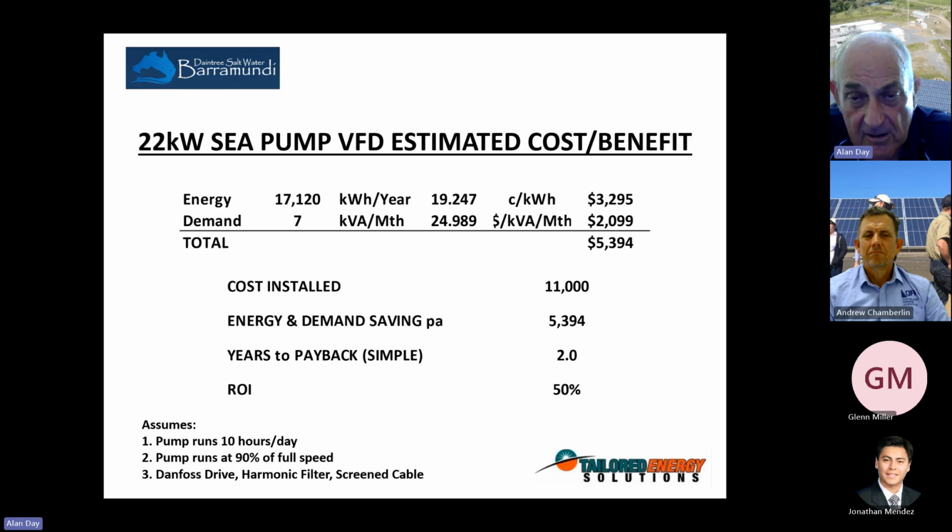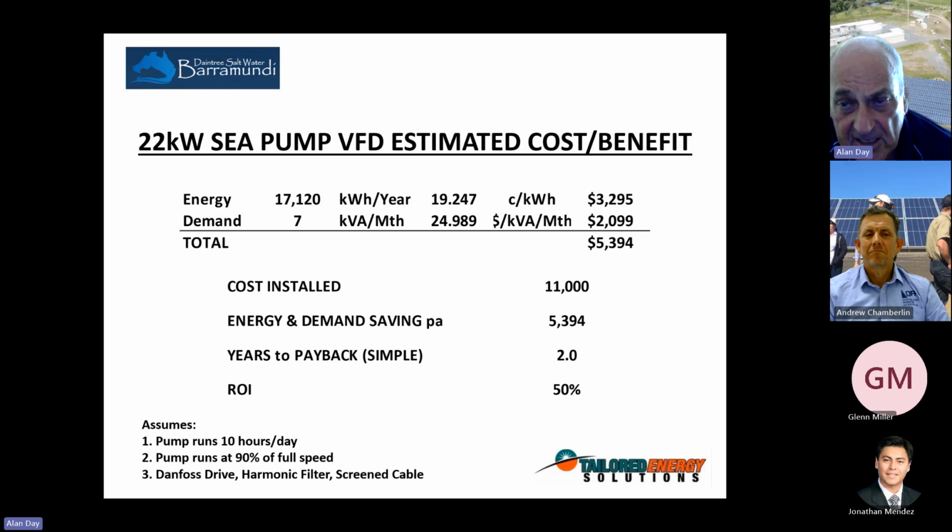At the 19-cent price that's $3,000 odd, and a whole 7 kVA per month of excess demand is another $2,000. So again, $11,000 install cost with a 2-year payback. It's a pretty good kind of proposition.